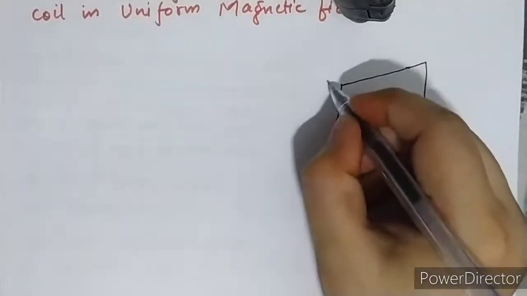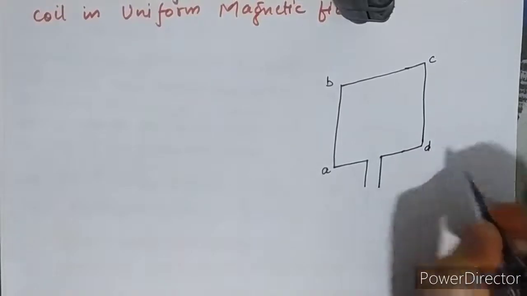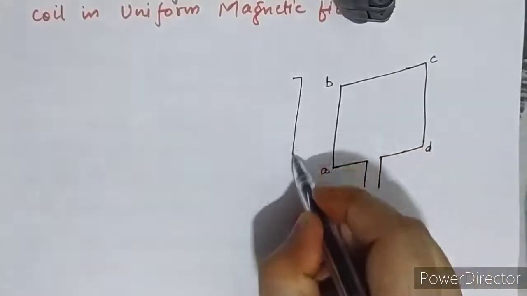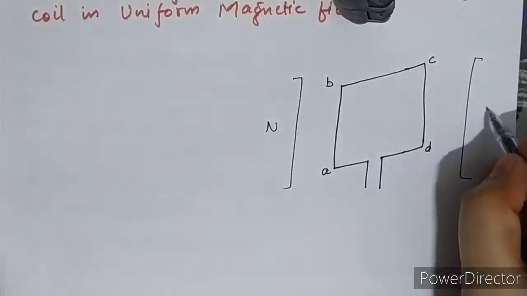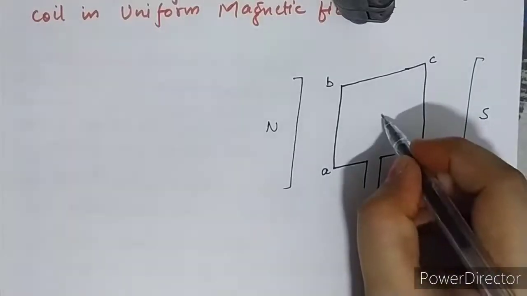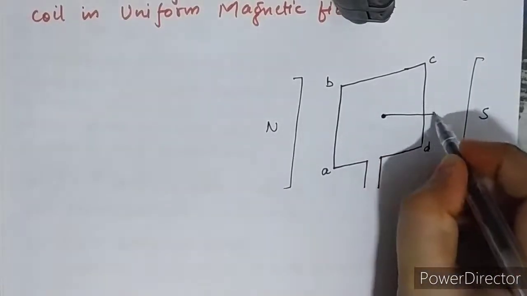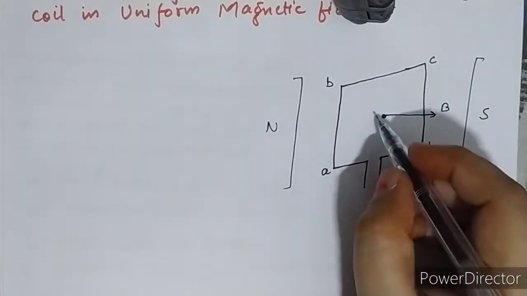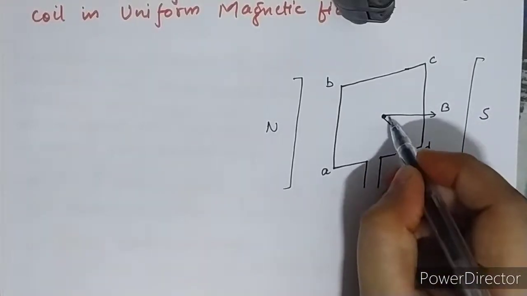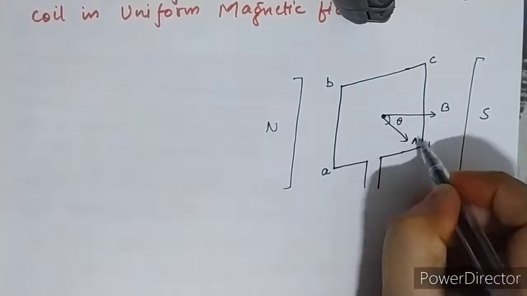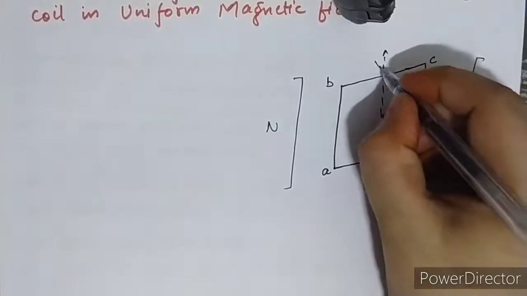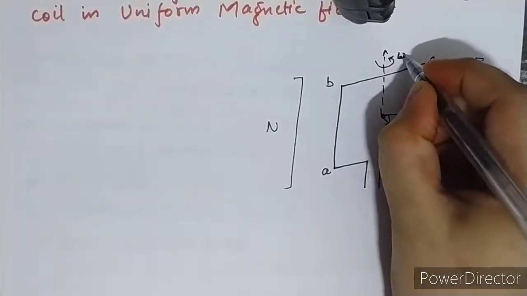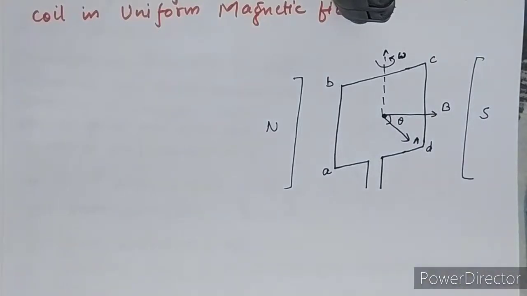I am labeling it A, B, C and D. Here a strong, uniform magnetic field is there of north pole and south pole. From the center, the magnetic field B was making an angle with the area, and it was rotating with the angular velocity omega, like this.